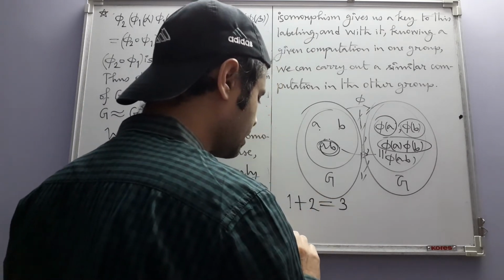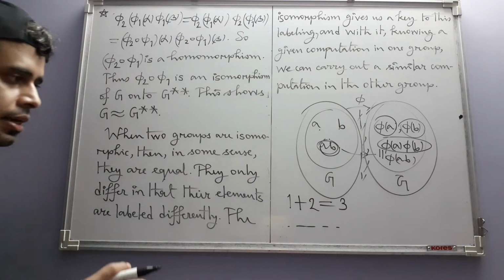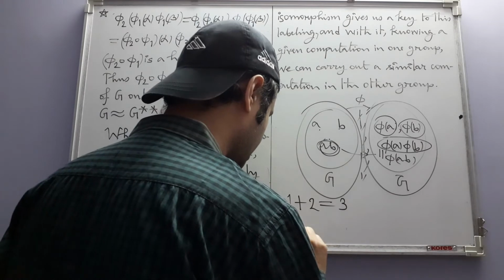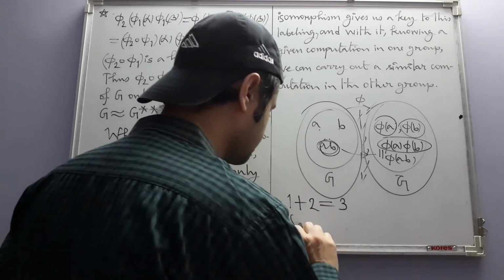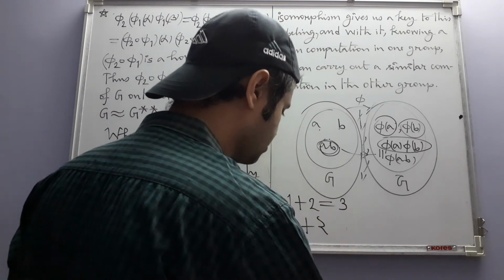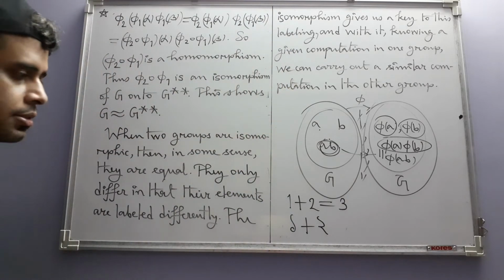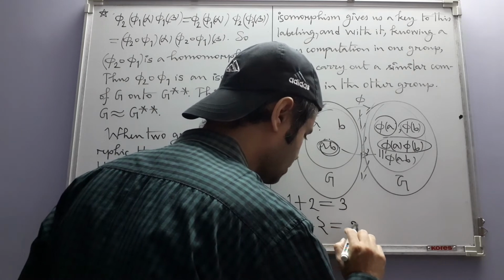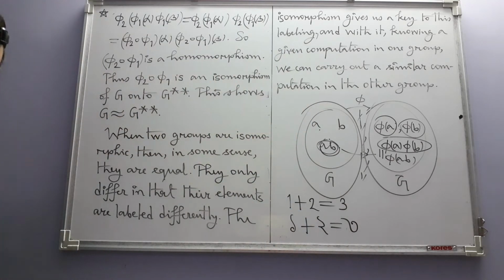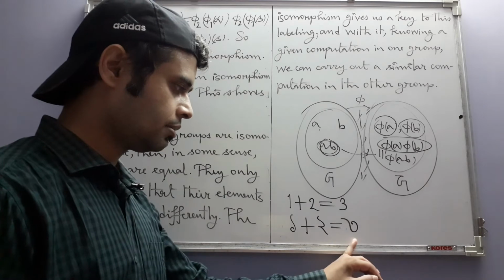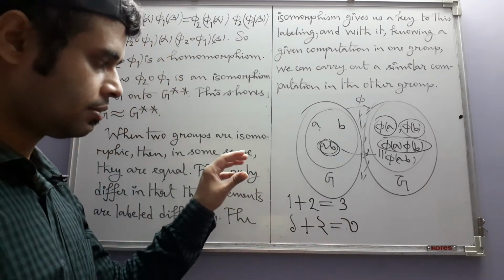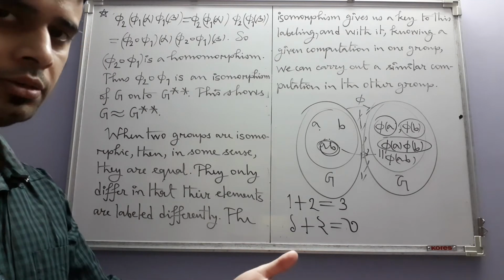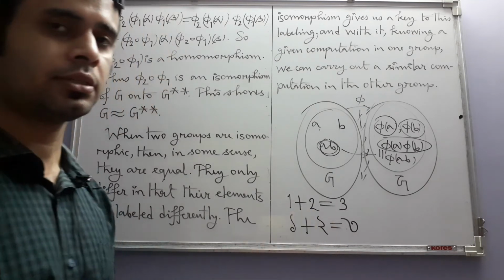Strictly speaking, I will get a different additive group of integers, where in place of 1 we write a symbol like this. In place of 2 we write a symbol like this. And in place of 3 we have a symbol like this. Truly, you can see that underlying these two calculations, there is a single thing going on. Only the representations are different.